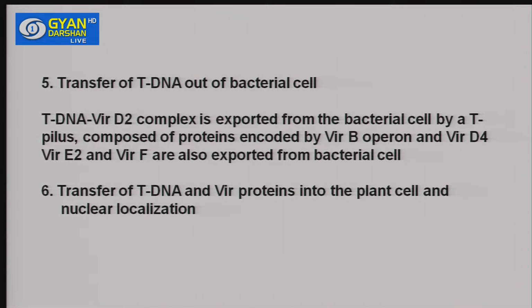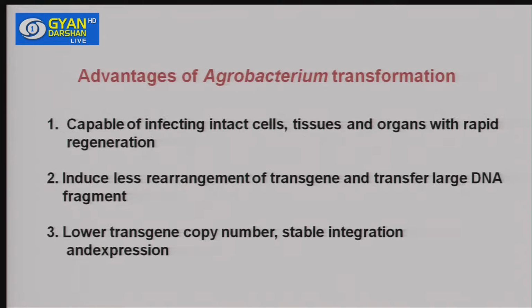Finally, the tDNA transfer occurs, and the tDNA-VirD2 complex is exported from the bacterial cell by the T pilus, like the sex pilus in conjugation. The T pilus is composed of proteins encoded by the VirB operon, and VirD4, VirE2 and VirF are also exported from the bacterial cell. So those are the different steps, in a nutshell, for Agrobacterium transformation.